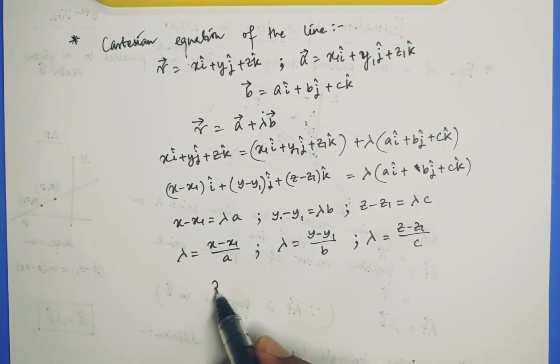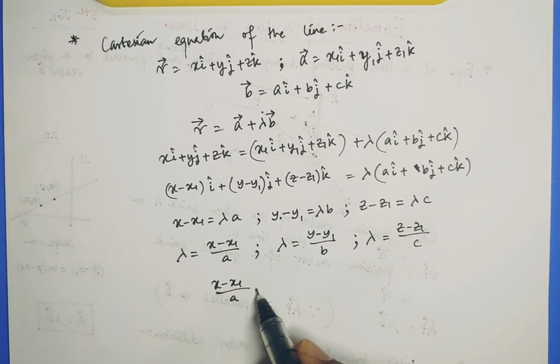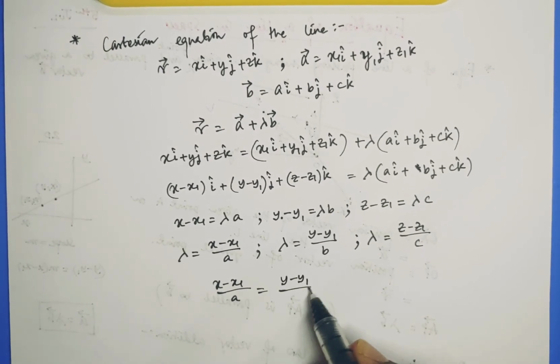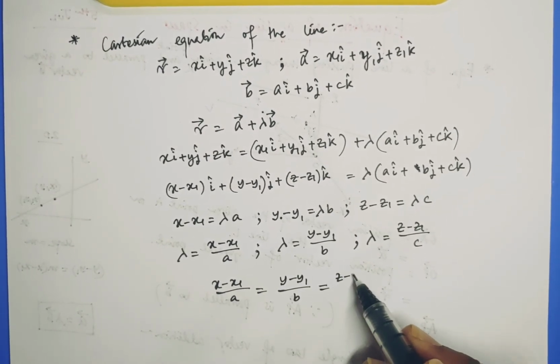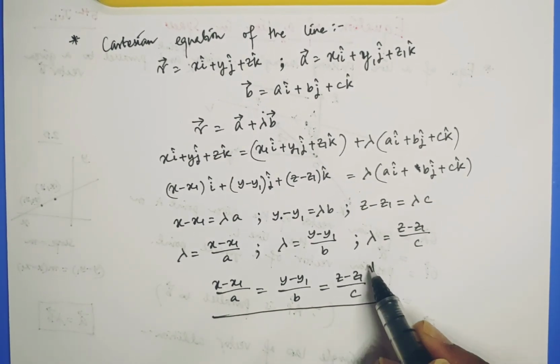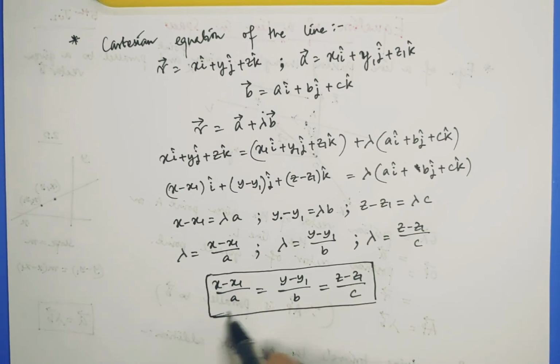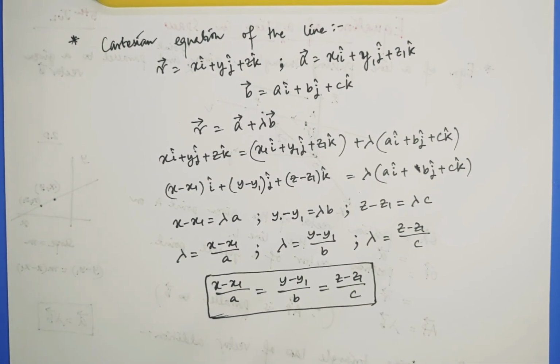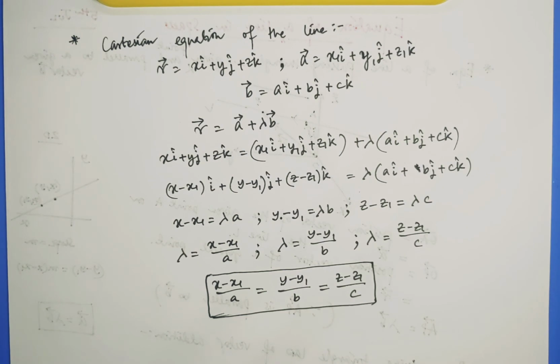So what we can say? x minus x1 by A is equal to y minus y1 by B is equal to z minus z1 by C. So this is our Cartesian equation of the line. Am I clear? If somebody asks you what is the Cartesian equation of the line, this is it. So what is this A, B, C? A, B, C are the components of the parallel vector and x1, y1, z1 are the components of the position vector of the point. Understood? Clear?